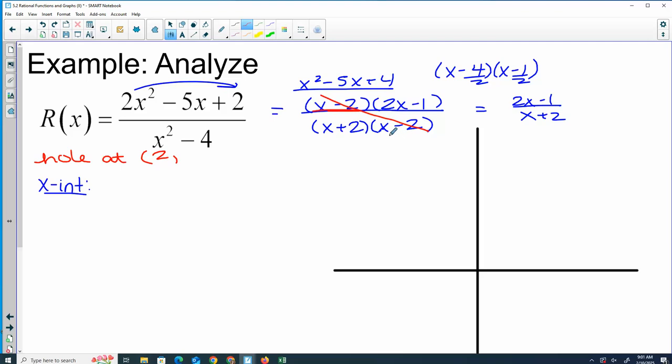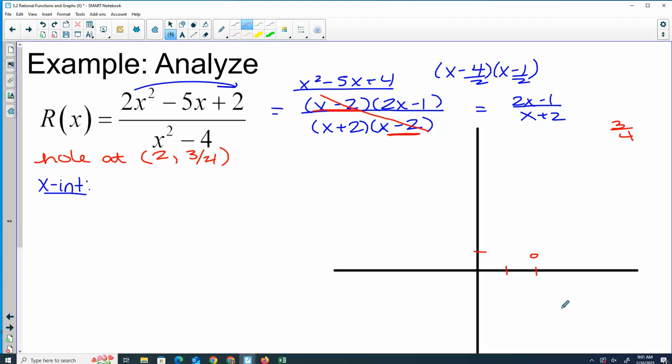So I got my 2 from the factor that canceled. If I plug 2 in here, I get 4 minus 1 is 3 over 4. So (2, 3/4) is a hole on my graph. We graph that, that's just an open circle at positive 2, positive 3/4.